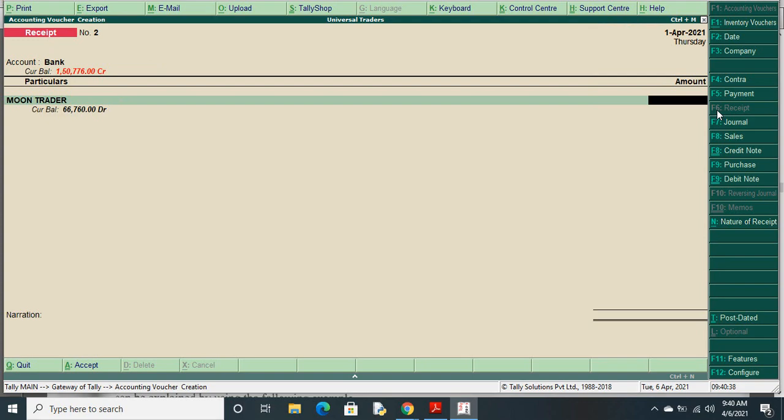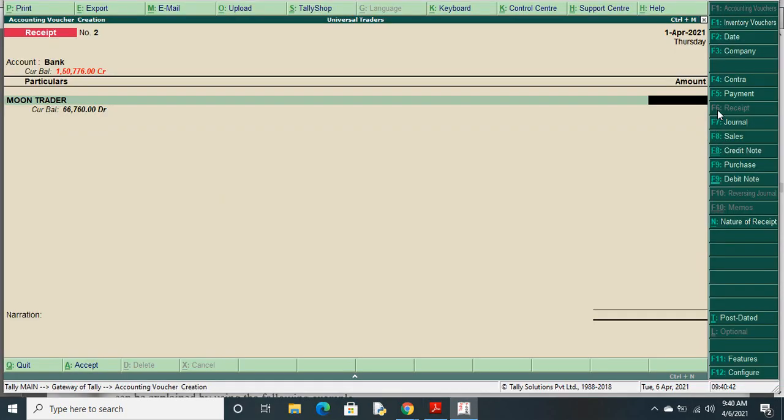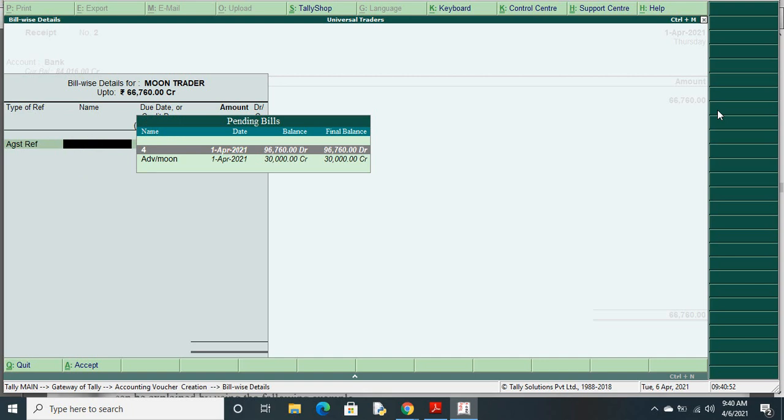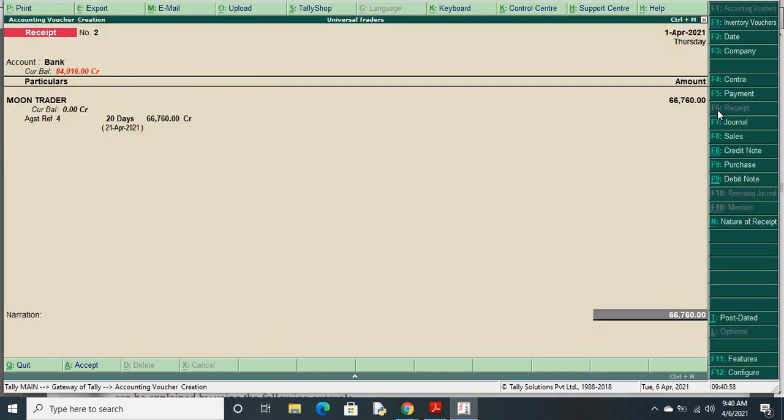So total 96,000. So 30,000 already deducted automatically. It got deducted. Now we have to receive 66,760 from Moon Traders against this difference. Yeah. Okay.